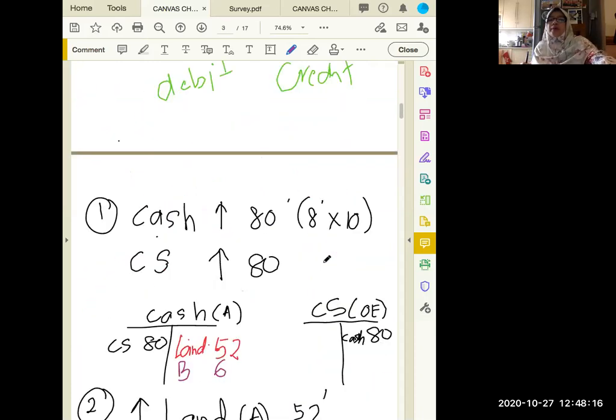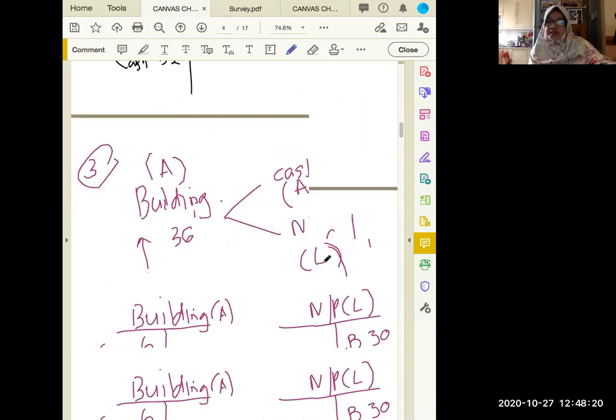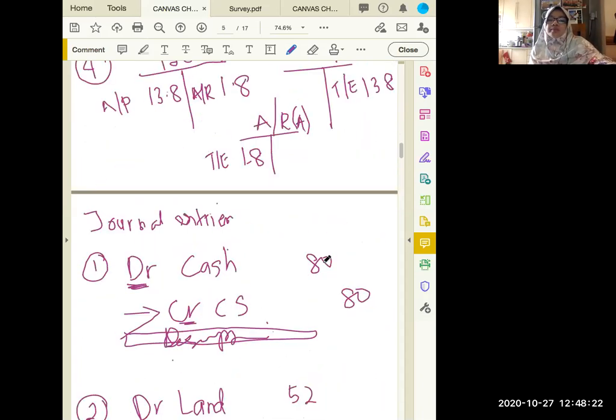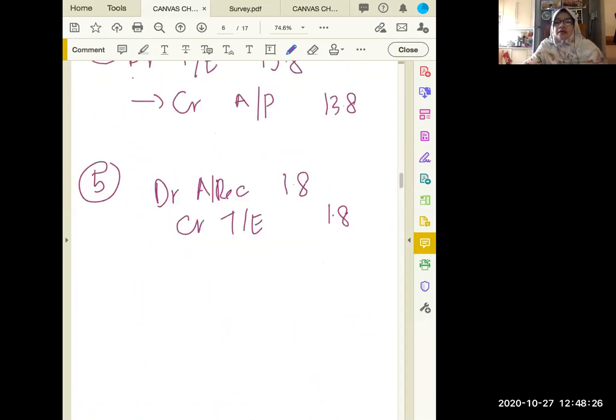Whenever you do this, we say that you are posting it to accounts. What else do we have? Okay, I think this is the last transaction. Posting, this one I have shown you actually.